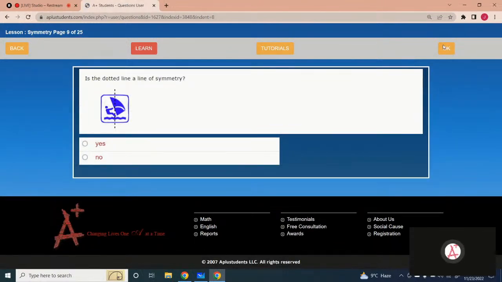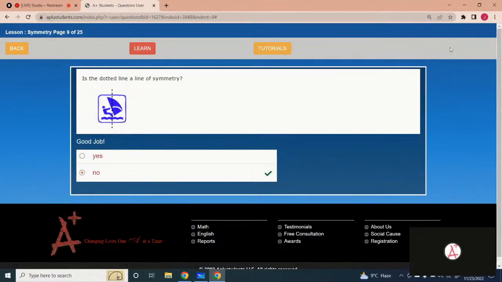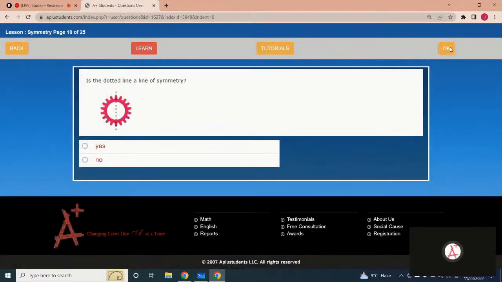Okay, is the dotted line a line of symmetry? Yes or no? No, the answer is no. Okay, the next one: is the dotted line a line of symmetry?